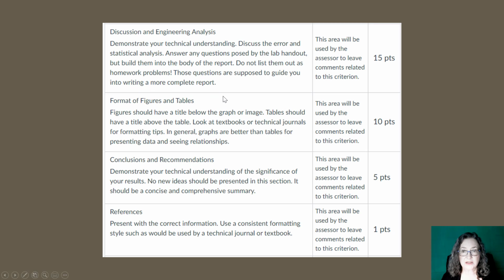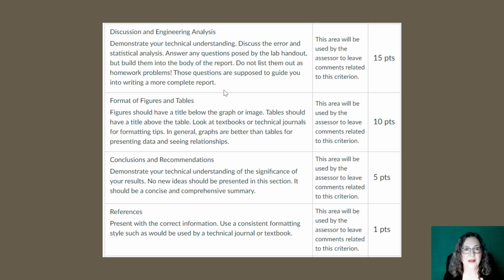The next section, and this should be probably the largest section in your report, is your discussion and your engineering analysis. So this is where you're going to demonstrate that you technically understand the meaning of that data. You can relate it to the theory. You can say what did and didn't match. And if it didn't match, propose a reason why it didn't match.